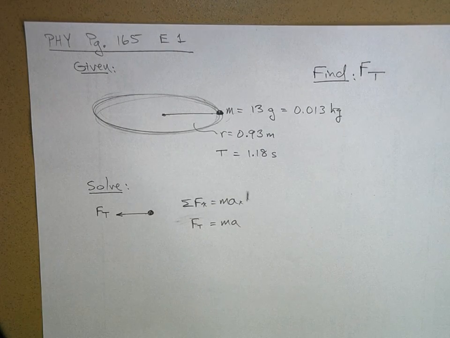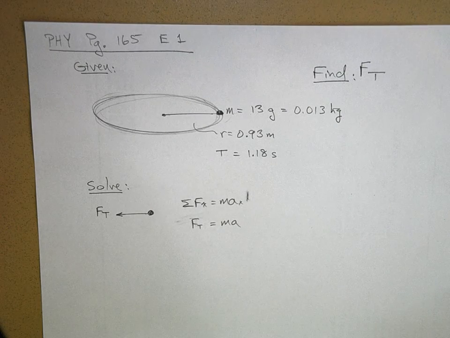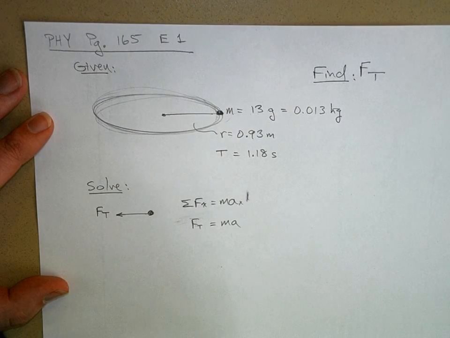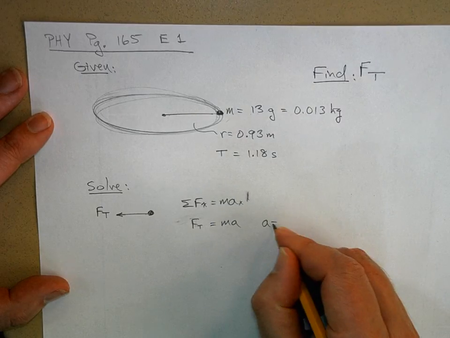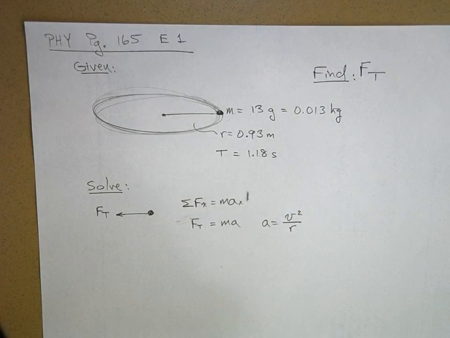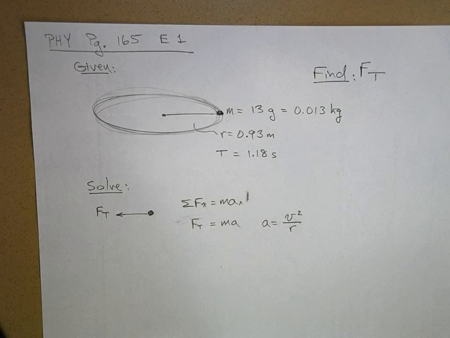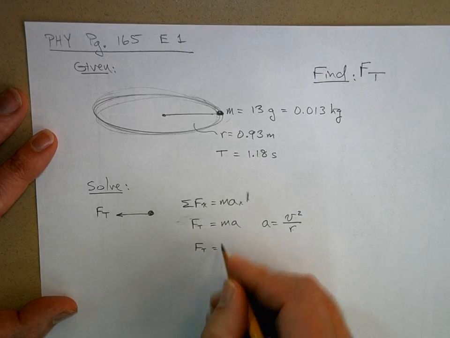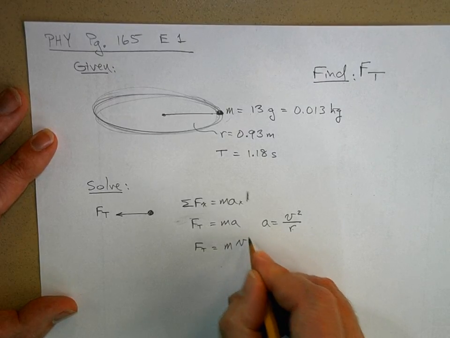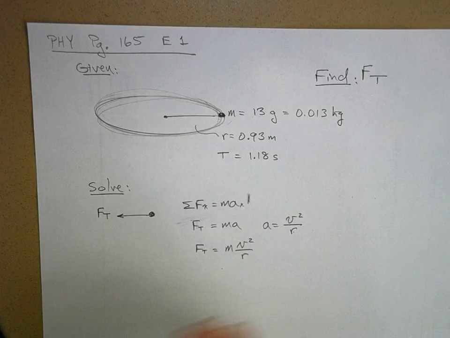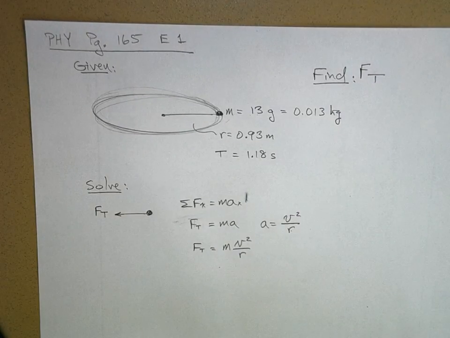But what kind of acceleration do we have? This is the kind of acceleration that makes things go in a circle. So this acceleration is equal to v squared over r. That's the centripetal acceleration. So the tension force is equal to m times v squared over the radius of the circle. But I got a problem. I don't know what v is.